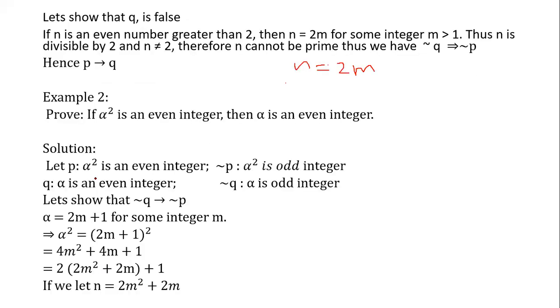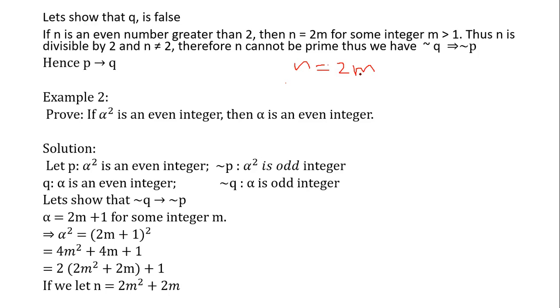So when we come here, we let n be an even number. Then that even number is given by n equal to 2m, where m is any positive integer. But you have given the condition that n should be greater than 2.